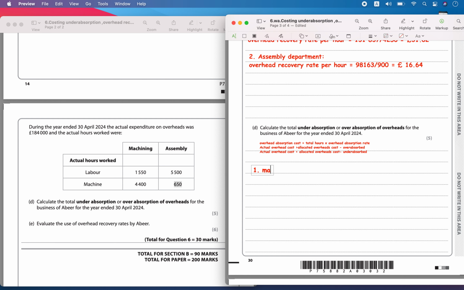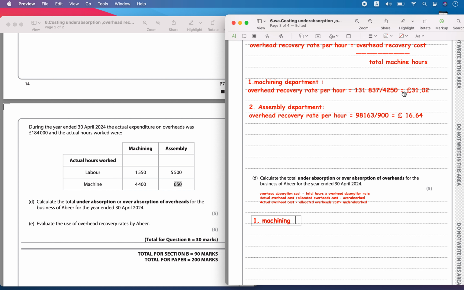For the machining department, what is my cost going to be if I use the budgeted rate, which is 31.02 pounds.